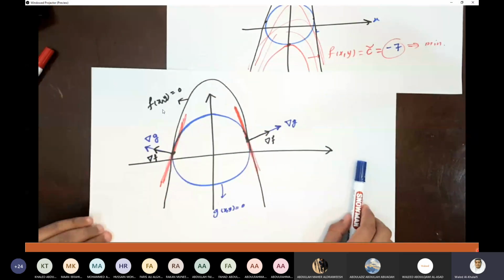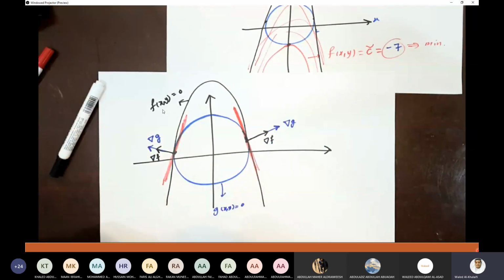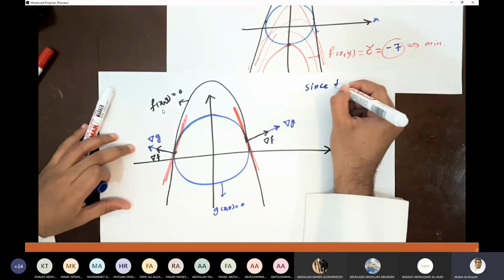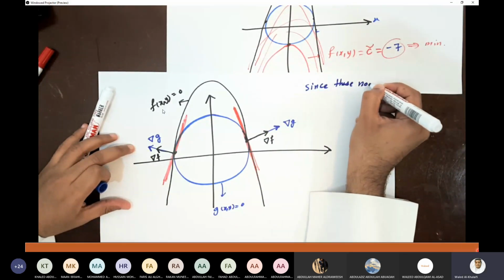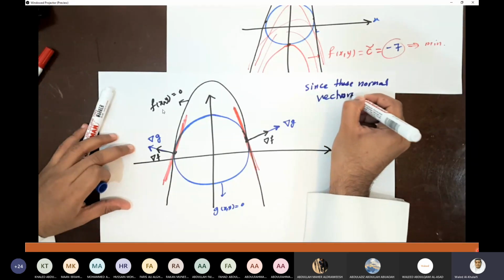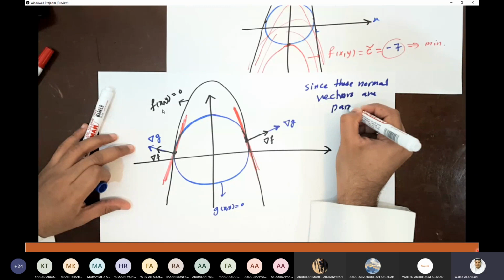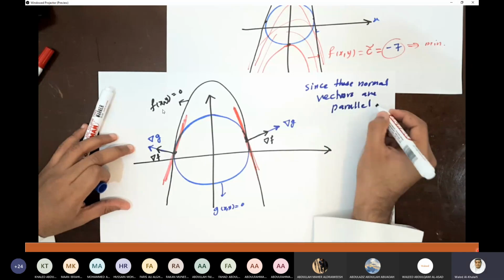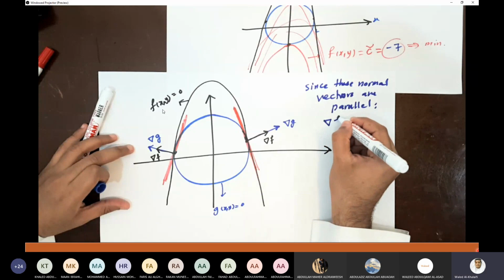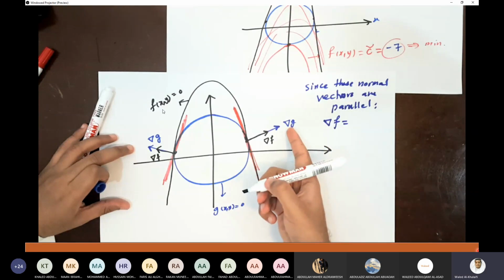So since these normal vectors are parallel, what you can say, when we say parallel, guys, is that the gradient of f is equal to a constant multiple of the other.